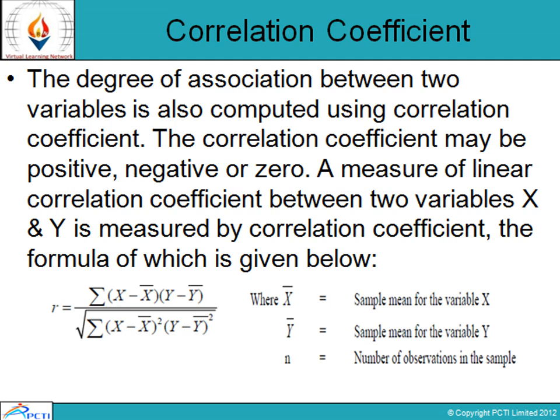When we say correlation coefficient, it is basically the degree of association between two variables, and this is computed using the correlation coefficient.